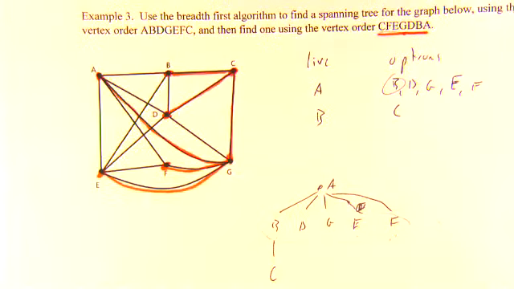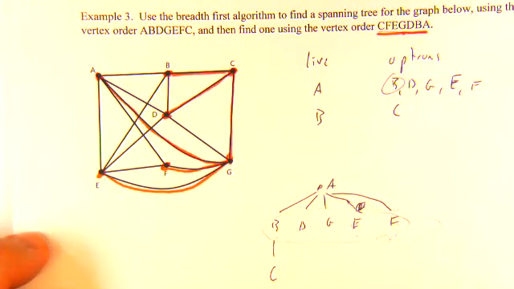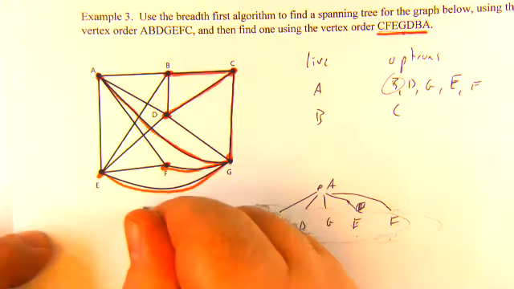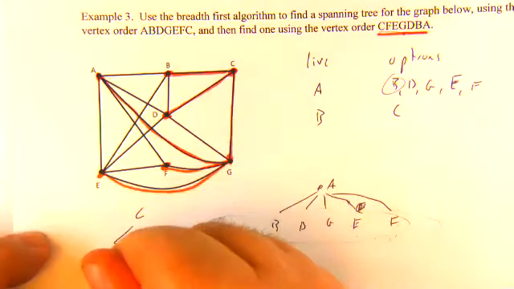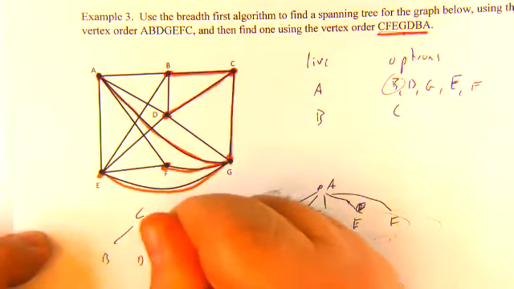So we've got the entire graph there. So that gives us that breadth first algorithm. We started with C. From C, we added B, D, and G. And from G, we added A, F, and E. That gives us a different spanning tree.